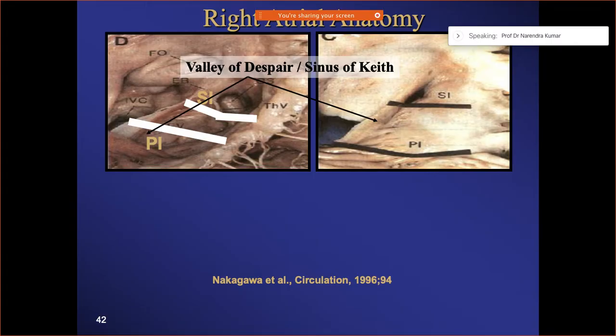An ablation line of block at either the SI or PI will prevent conduction from crossing the isthmus and cure the arrhythmia. Notice how trabeculated that area can be, which tends to make the ablation more difficult.